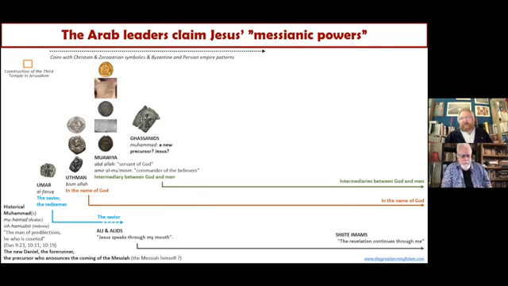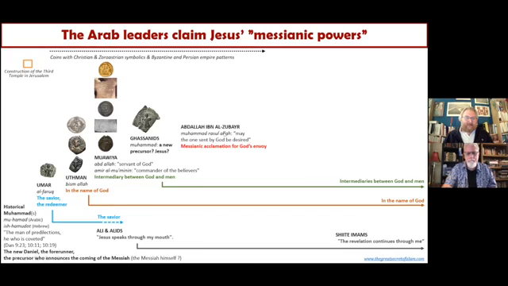And this is something very, very new. And let's put it on the graph like this. So here we see the succession of Arab rulers, and we see the novelty.